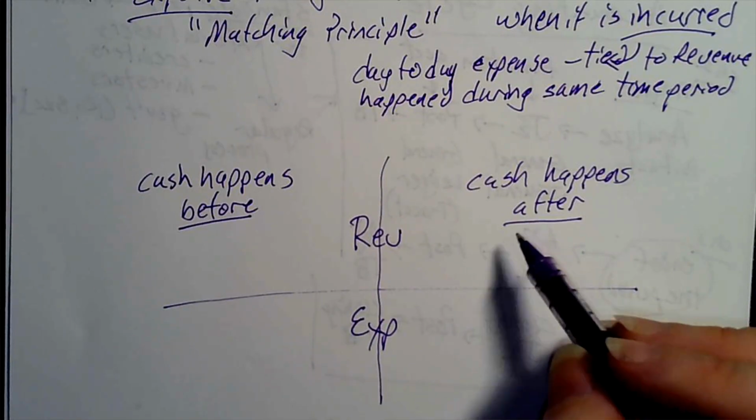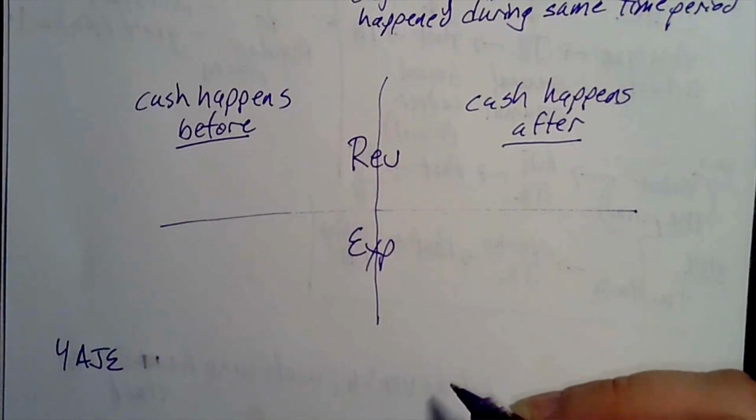So here, if we had a situation where we made a sale, so credit revenue, it doesn't matter the dollar amount, but the customer didn't pay us right away. They promised to pay us later. We already looked at that as being a debit to accounts receivable.